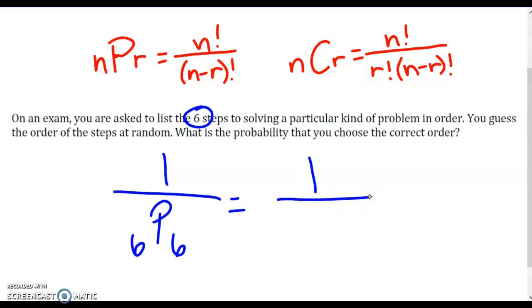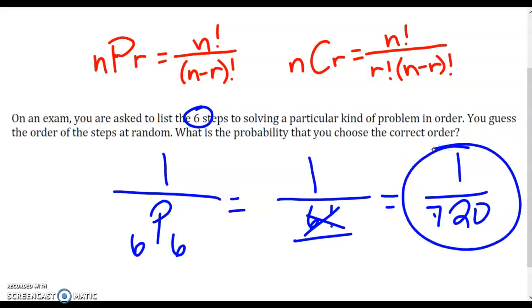So for my permutations, remember I take my 6 factorial over 6 minus 6 factorial, which is just going to cancel out. And so I just have 1 over 6 factorial, which in this case I know is 720. So 1 over 720, or 1 in 720.